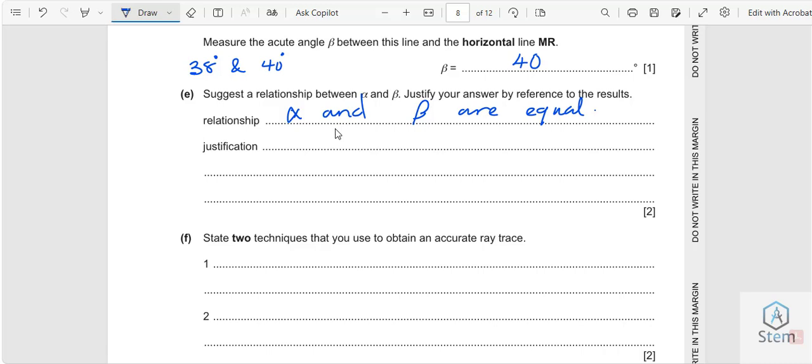And the justification is the percentage difference, in this case, it's actually 0 degrees. They are equal to each other. It is close enough to be acceptable within experimental limits.